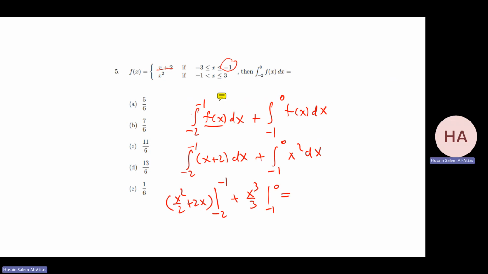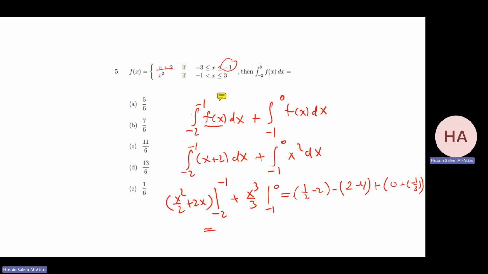That gives me what? The minus 1, that will be half minus 2 minus 4 over 2, that is 2 minus 4. Okay, plus, this is 0 plus 1 over 3 minus 1 over 3. Let me do it this way.